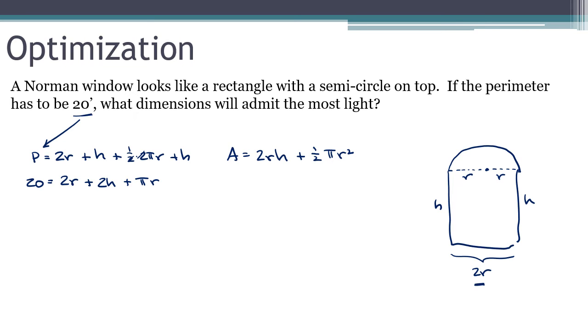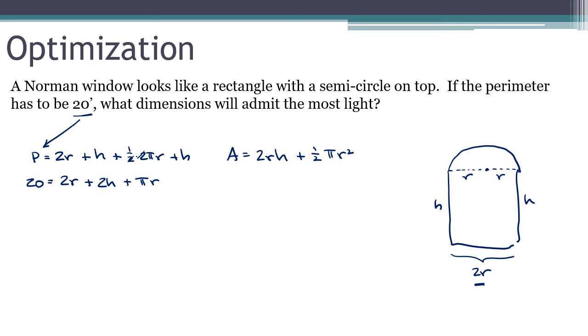If I try to solve for r, I'm going to get 2r plus pi r equals something. Then I'm going to have to factor out an r and divide both sides by 2 plus pi. I'd rather not get 2 plus pi in my denominator. So let's try solving for h instead.